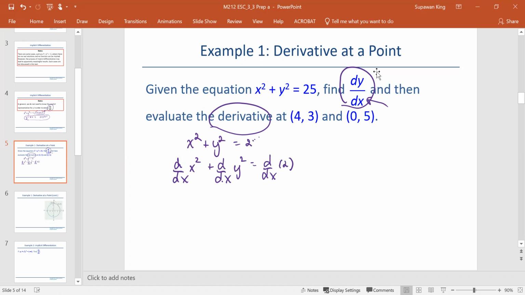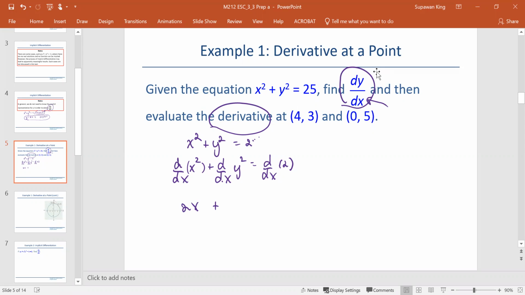Since we find the derivative of each term with respect to x, we treat them the same way. The derivative of x squared with respect to x is 2x. But for the second term, the derivative of y squared with respect to x, y is a function that we don't have to solve for, but we know y is not the same as x.